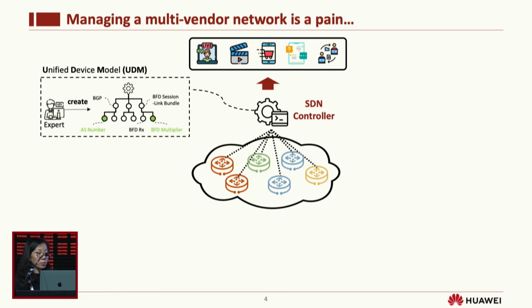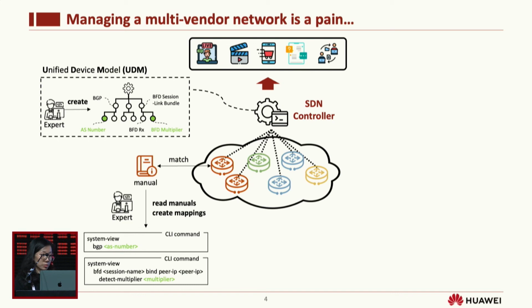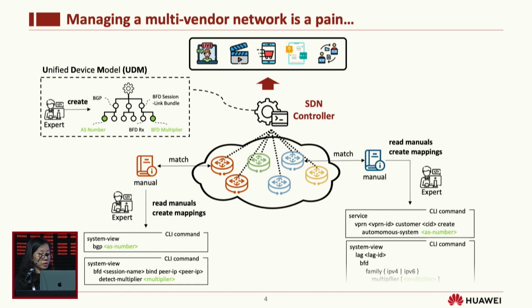Thus, the network operator will define a unified device model at the controller, and then they should understand the menus, find correct commands, draft templates and provide mapping rules to the unified device model. And then they should repeat the same process again for a new device model. This would be a very tedious and error-prone process.